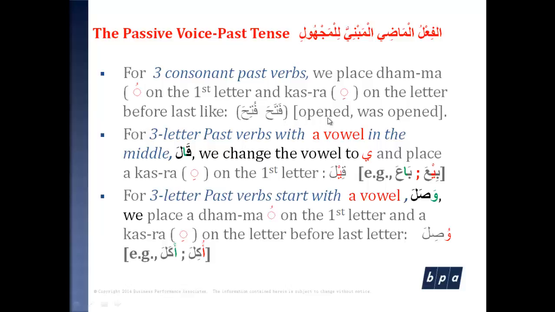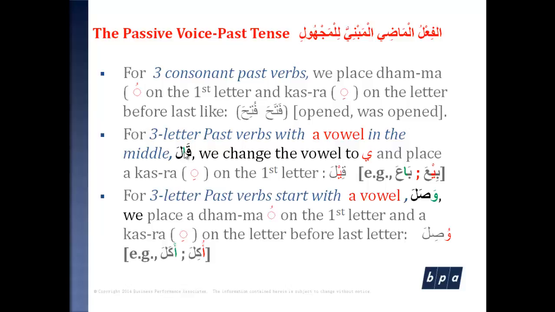Fataha, he opened. Futiha, was opened. For the three-letter past verbs with a vowel in the middle, we discussed in the previous slides two forms of those, qala and ba'a. Qala, the alif in its original form was a waw.